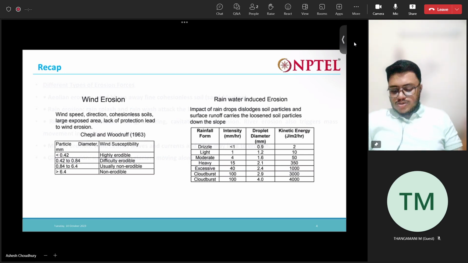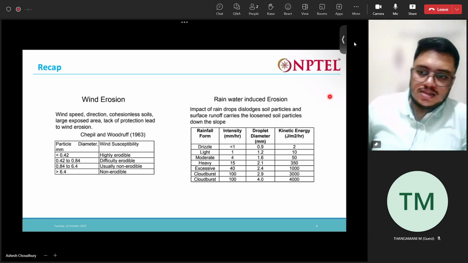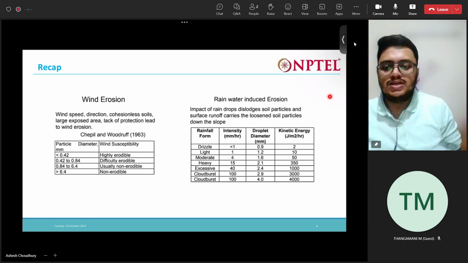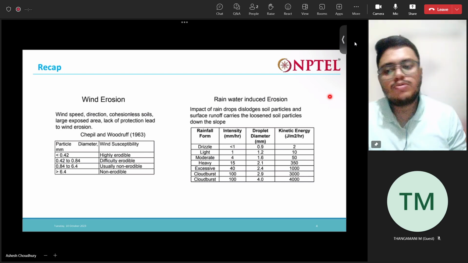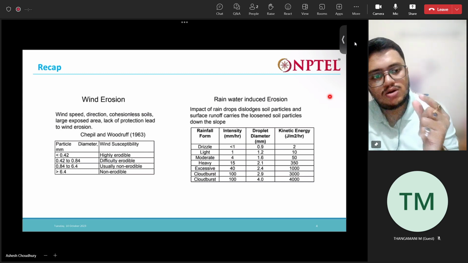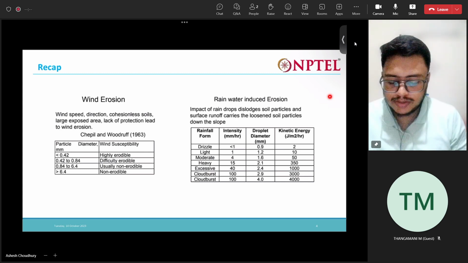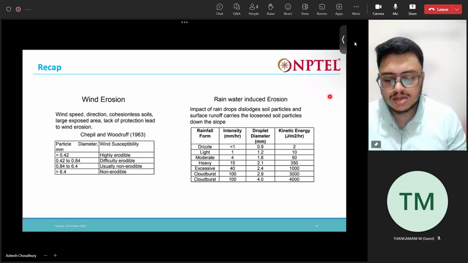So you can see here wind erosion. For wind erosion, the wind speed, direction, type of soil, and large exposed area all lead to wind erosion. If you have small cohesionless particles less than 0.42 mm in size, we can see that they are highly erodible. And if we have very large particles, like pebbles or something like that, greater than 6.4 mm, this is a little bit large.